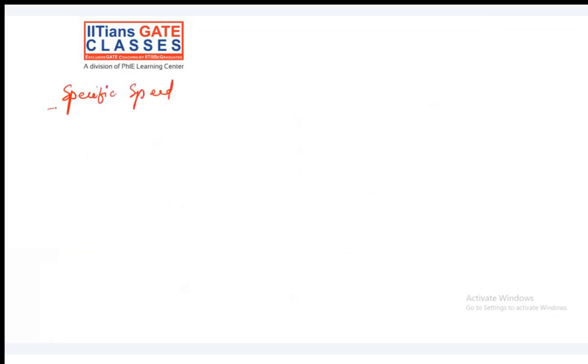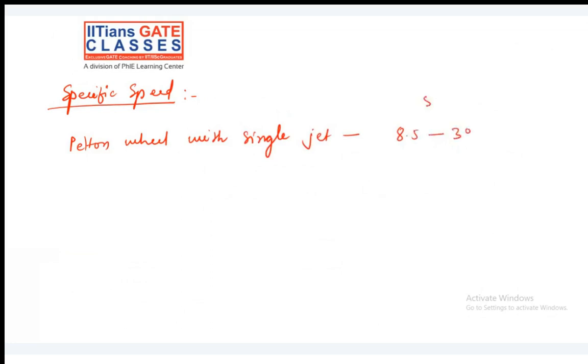Your specific speed table would look like this. Pelton wheel with single jet: 8.5 to 30, and the unit is in SI units.